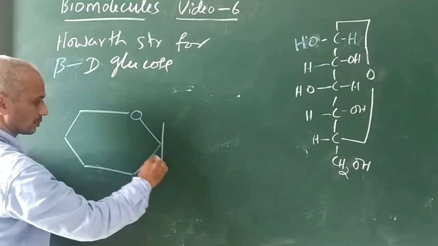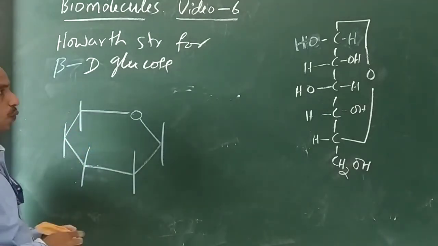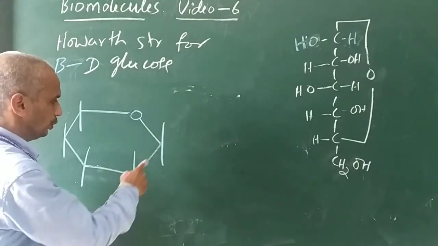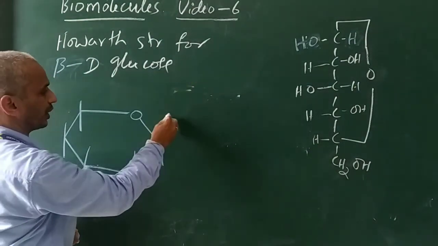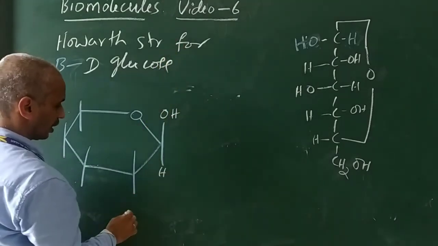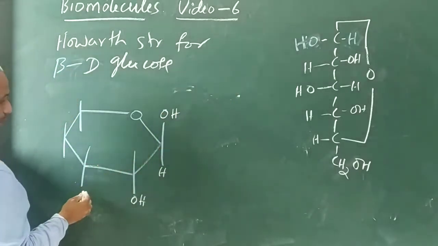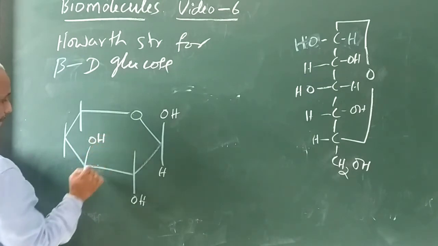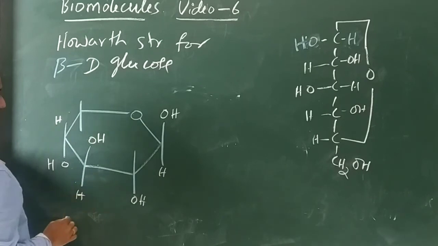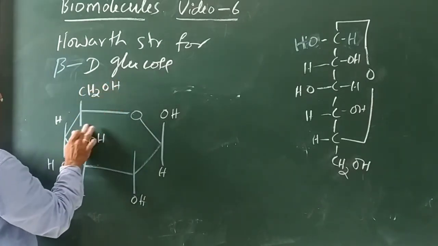Then those on the right side are written downward. The first carbon OH is on the left side, so OH at the top and H at the bottom. The second carbon OH is down, because it is on the right side. The third carbon is on the left. The fourth is on the right. Then we have CH2OH, which will have an H.